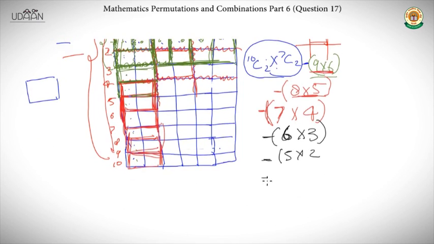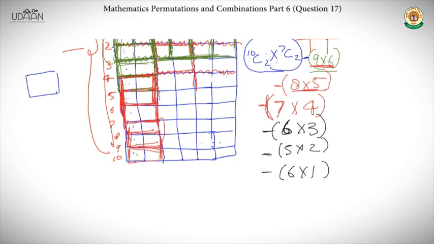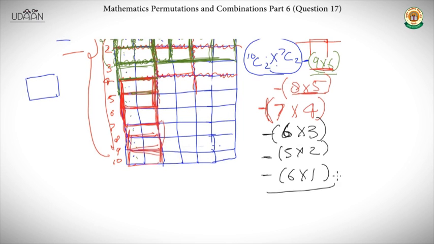So in a similar idea, we have to keep subtracting, but what will be the termination step? The termination step will be when we reach 6 into 1, basically 4 into 1, because we had to decrease 1.